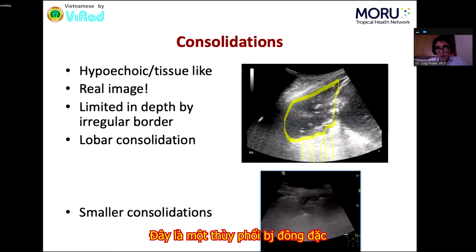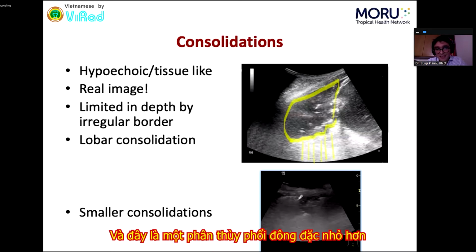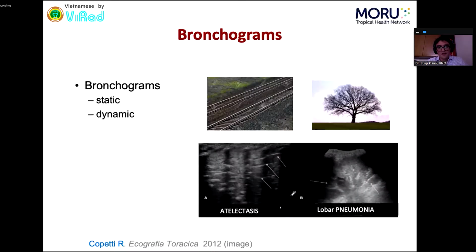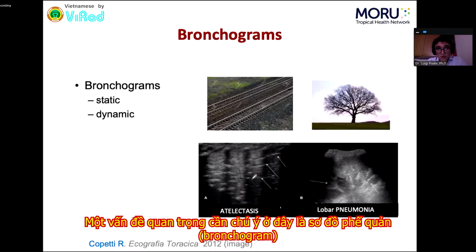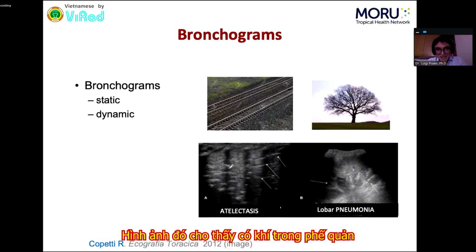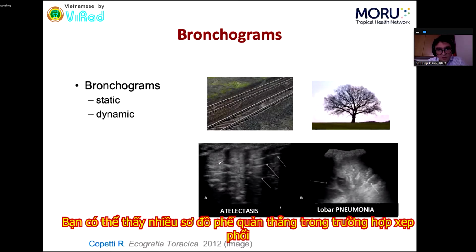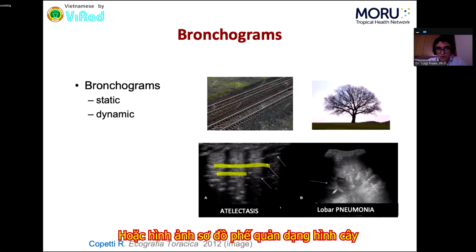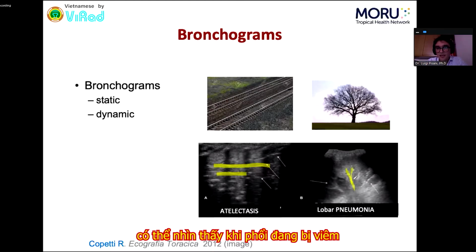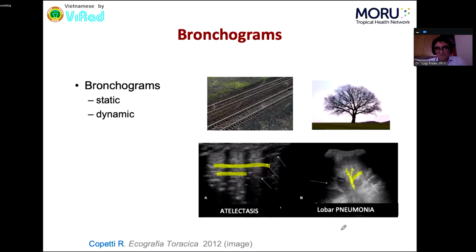This is a lobar consolidation, and this is a smaller subpleural consolidation. It is important to know the bronchograms. These are the presence of air inside the bronchi. You can have straight bronchograms more in atelectasis, or you can have tree-like bronchograms in inflammatory processes.